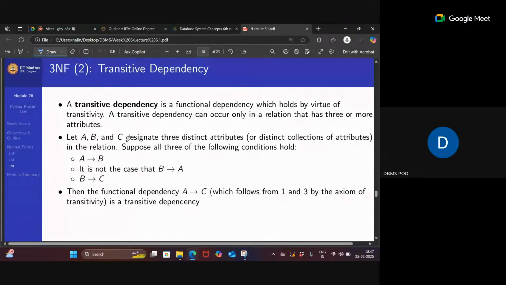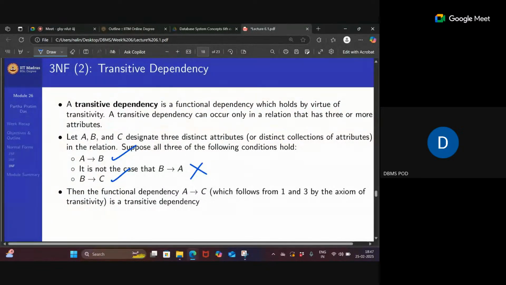Let A, B, C designate 3 distinct attributes, or distinct collections of attributes, in the relation. Suppose all three of the following conditions hold. A determines B is true, and it is not the case that B determines A is true, and B determines C is true.